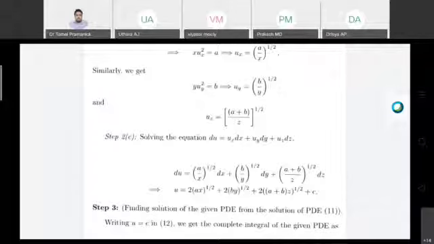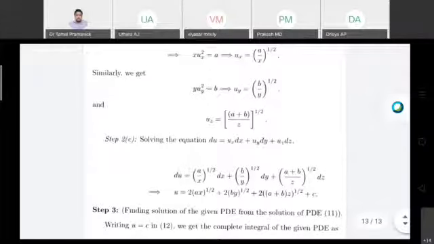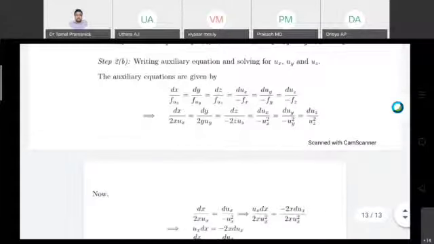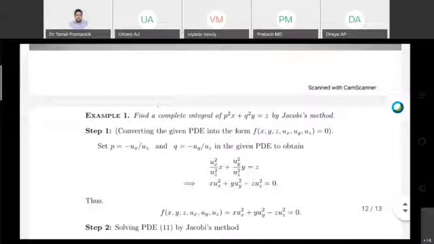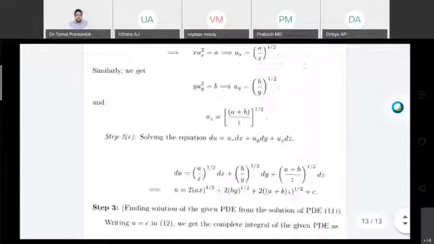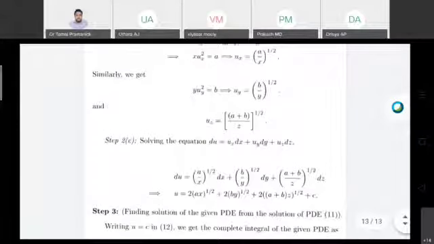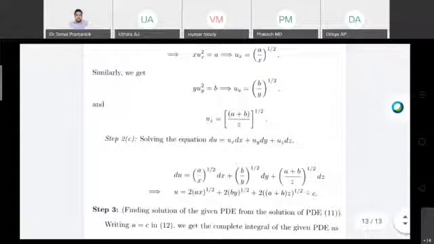The complete solution, the step 3, I will show you. The remaining part is that you just need to put u equal to c in the equation. Then u will be omitted, and you will get x, y, and z, basically nothing else.